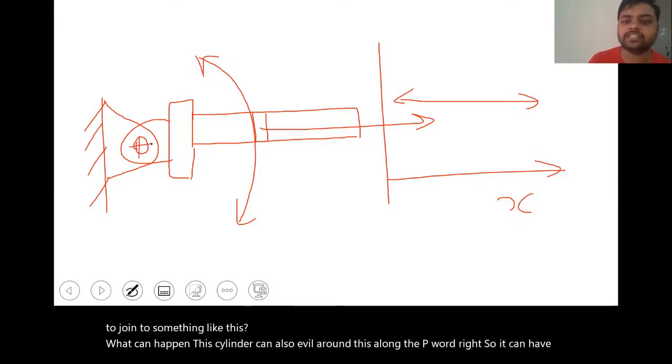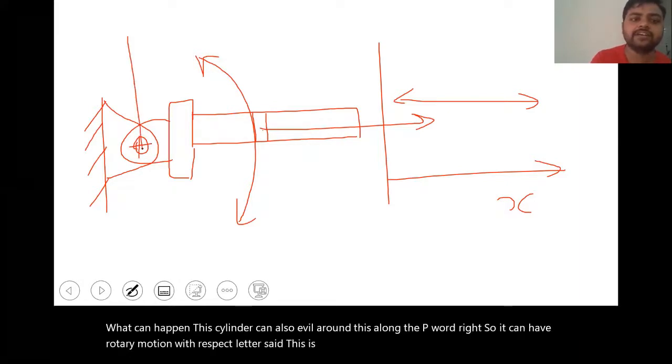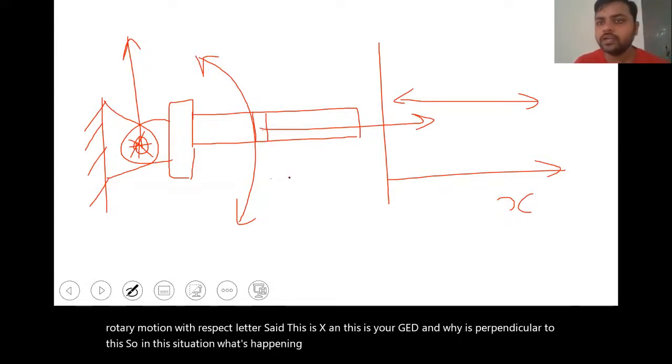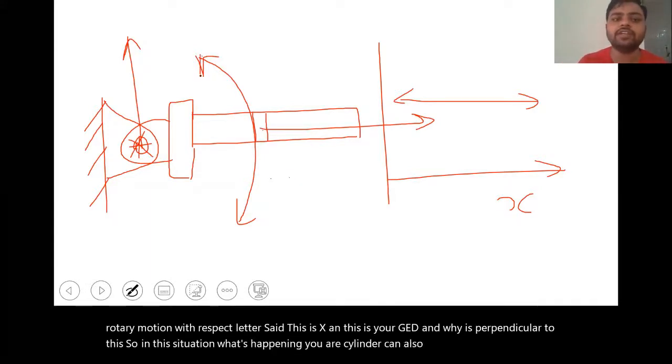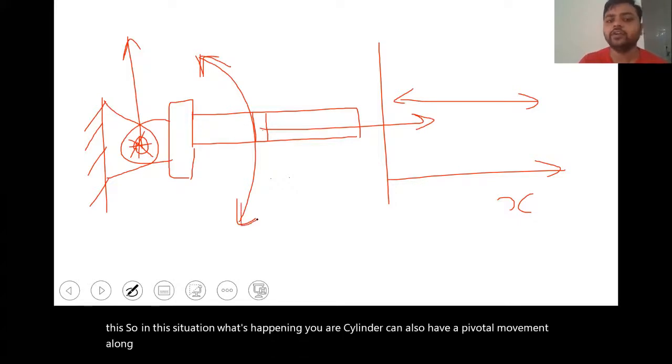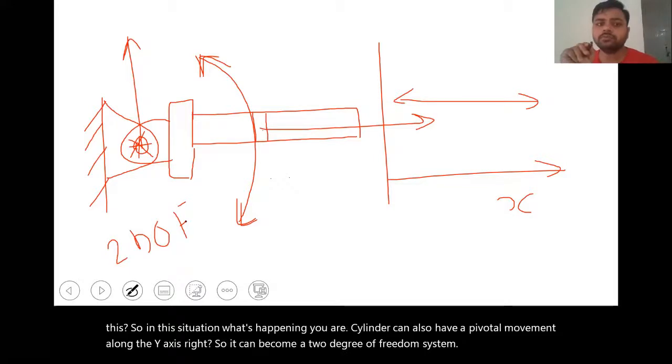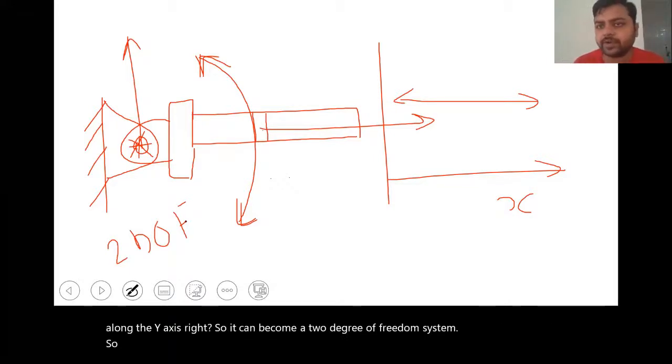Let us say this is x and this is z, and y is perpendicular to this. In this situation, your cylinder can also have a pivotal movement along the y axis, right? So it can become a 2 degree of freedom system. This is one type of arrangement that we can do with the rotary cylinder.